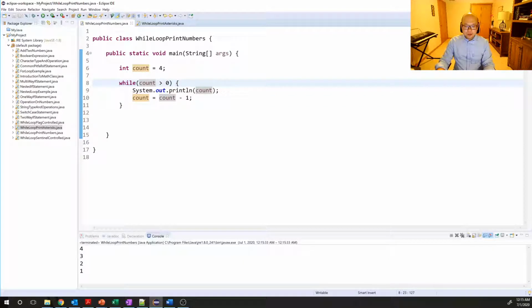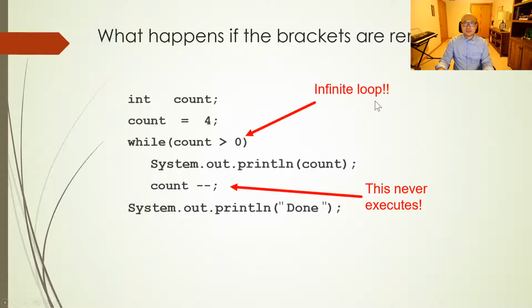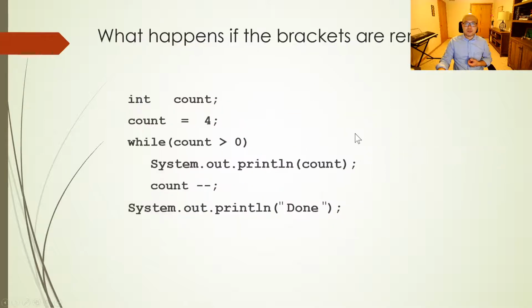Okay, let's get back to the slide. So, infinite loop. This is more about counter controlled loops. The example we saw is one type of counter controlled loop. A counter controlled loop usually has a loop control variable, as in our example here, count is the loop control variable.